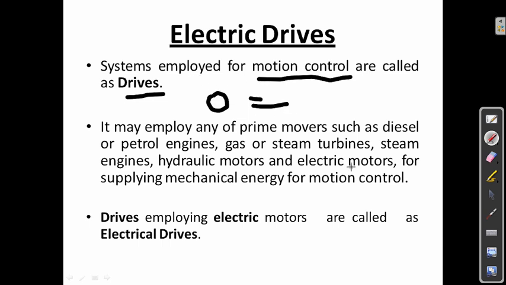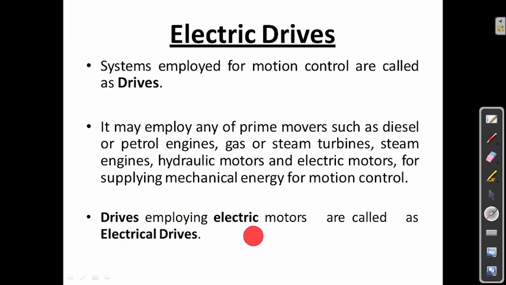It controls the motion, and it may employ any prime movers, such as diesel or petrol engines, gas or steam turbines, steam engines, hydraulic motors, and electric motors, for supplying mechanical energy for motion control.